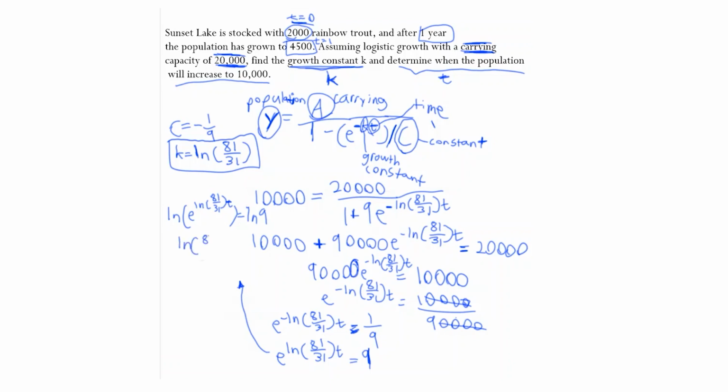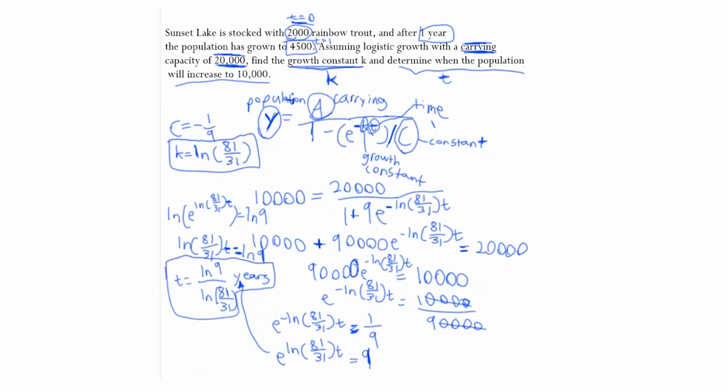So it leaves us with ln 81 over 31 times t is equal to the natural log of 9. And then from there, we divide both sides by the natural log of 81 over 31. And that is actually our t value.